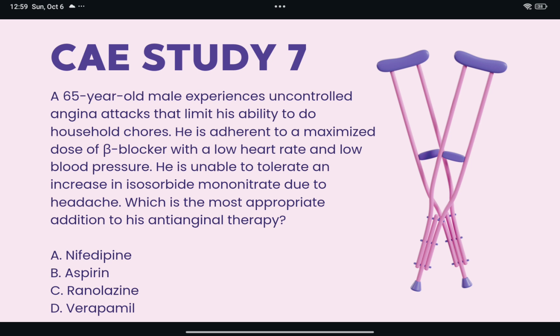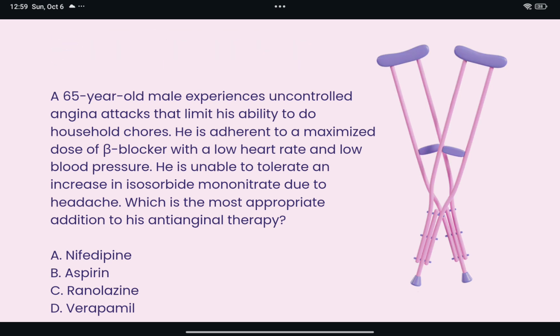The patient's BP is low. Verapamil and nifedipine will drop it, so they are not a choice. Verapamil may also decrease heart rate. Ranolazine can be used with other agents when other agents are maximized, especially when BP is well controlled. The patient will need a baseline ECG and lab work to ensure the safe use of medication, and here ranolazine will be the correct answer.